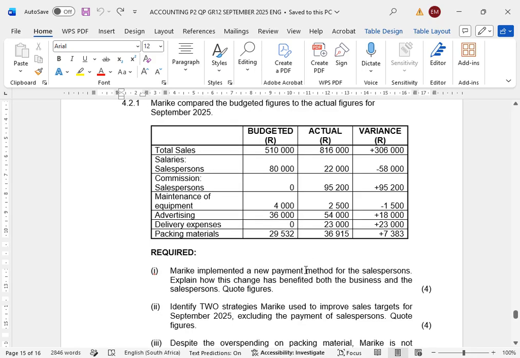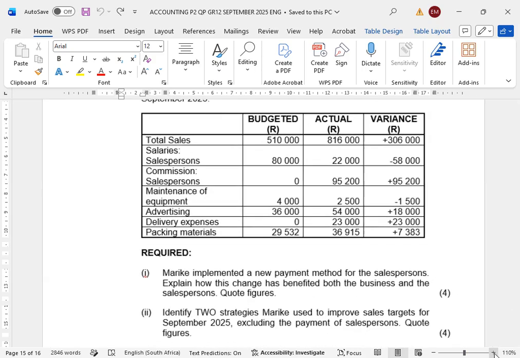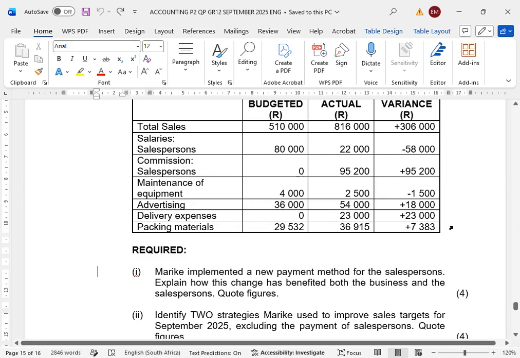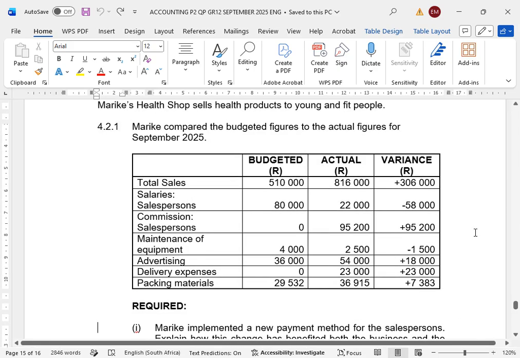Now, what I want to see here is, did they really score? And if I look here, they definitely did. Because can you see, we budgeted to pay them 80,000. And in the end, we paid them 117.